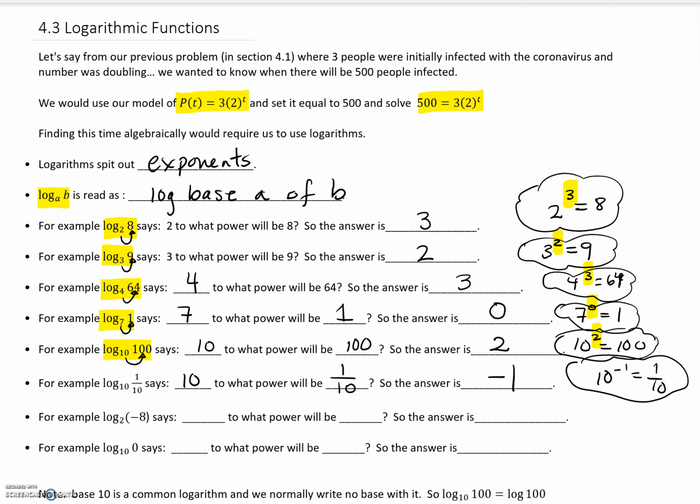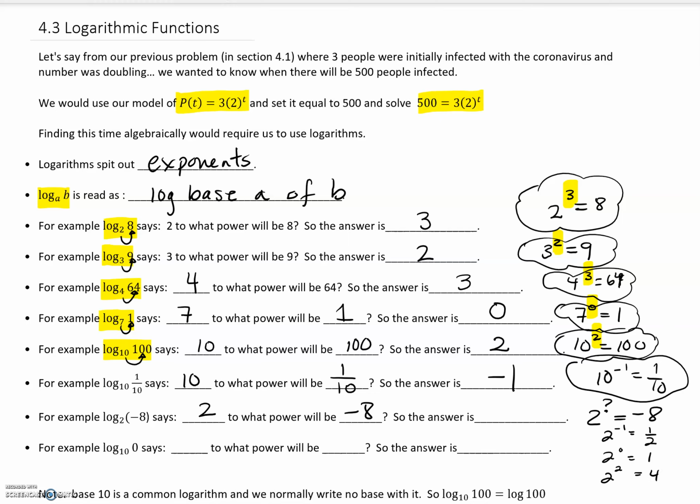Log base 2 of -8 says 2 to what power will be -8. That's going to be an issue, because no matter what power I use, I'm always going to get a positive number. For example, 2 to the -1 is a half. 2 to the 0 would be 1. 2 to anything bigger than 1 would end up giving me bigger and bigger numbers.